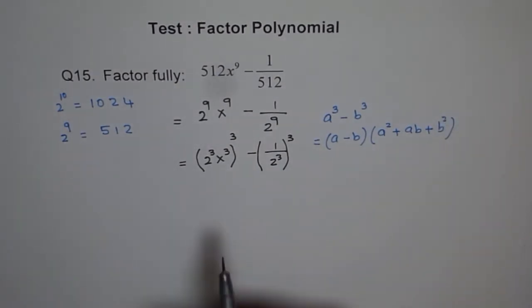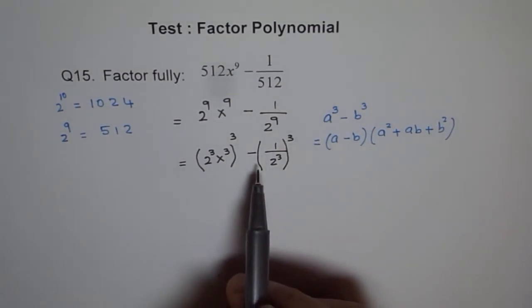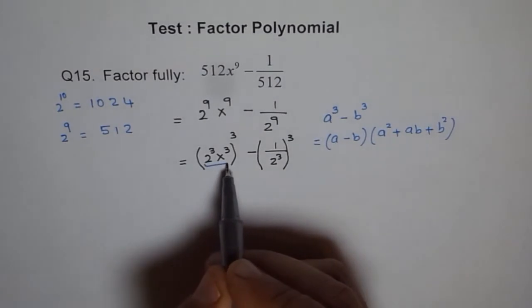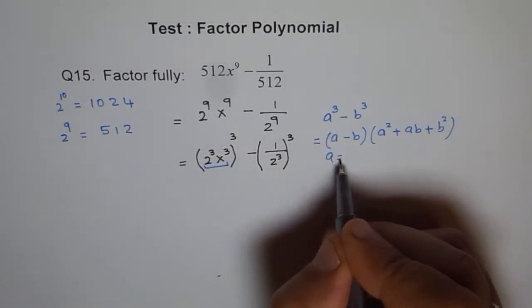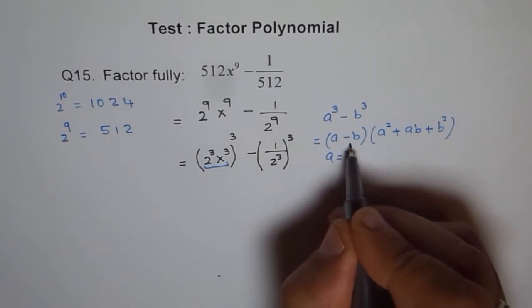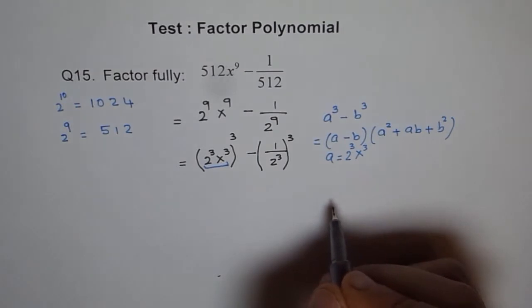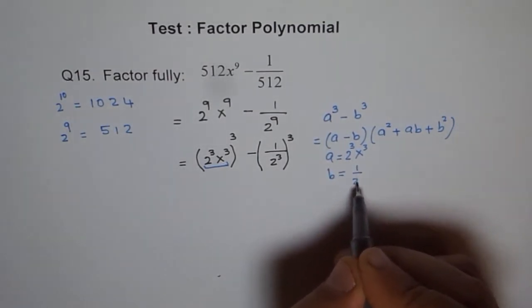Correct? Now here we have a cube minus b cube, and what is a for us? This whole term is a for us. So we have a equals 2 cube x cube. And what is b for us? B is equal to 1 over 2 cube.